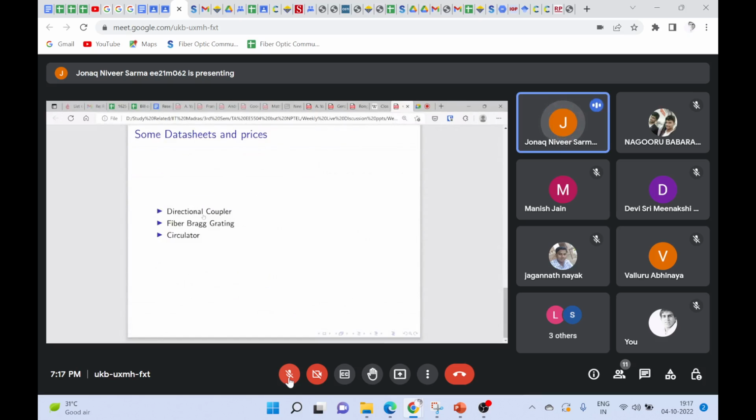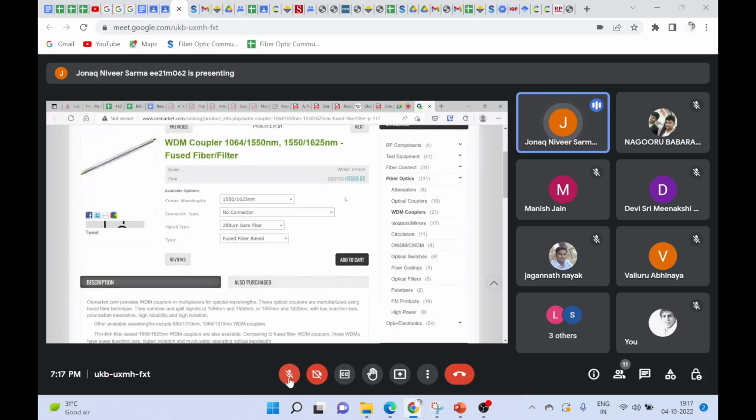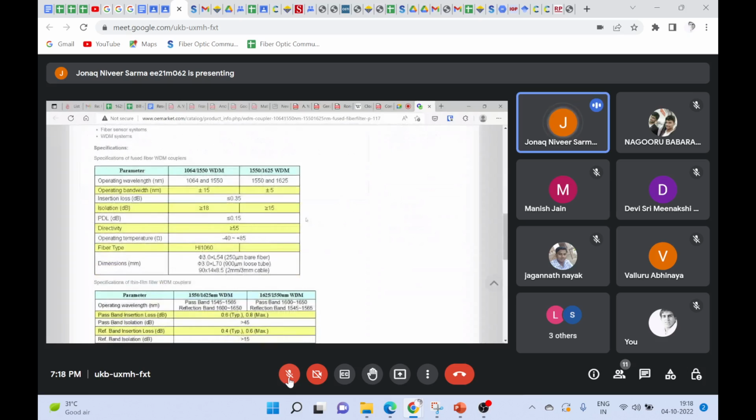And I wanted to show a couple of data sheets. So this one website gives the price as well. You can have an idea. Whenever you go for more specialized components, you will have higher prices, obviously, and some highly reputed websites will charge you more.